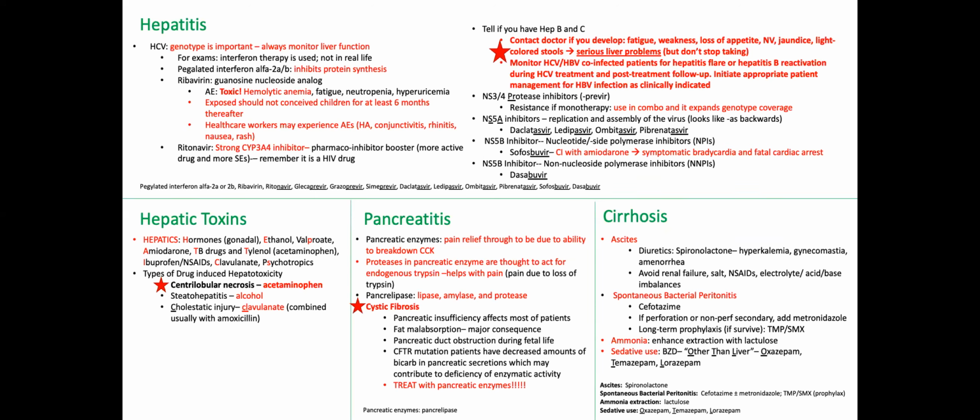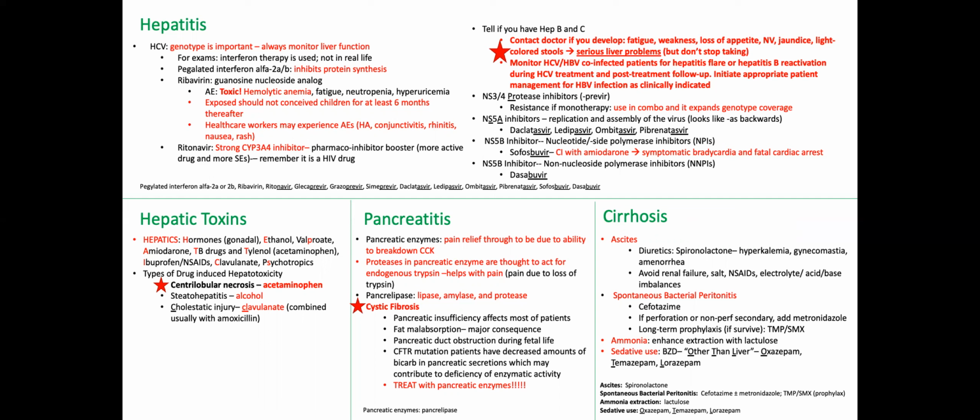Okay, so this is all of pharmacology right here for hepatitis. Hep C genotype is always important. Make sure you monitor liver function. Make sure that they don't have Hep B when I'm going to give them the new cool treatments for Hep C. Ribavirin, one of the older ones, is toxic because it causes hemolytic anemia, and then healthcare workers are exposed.